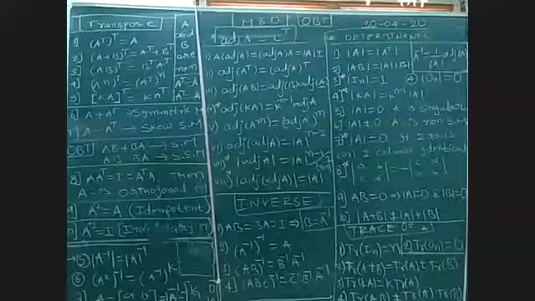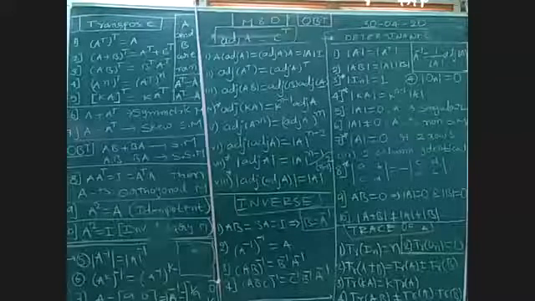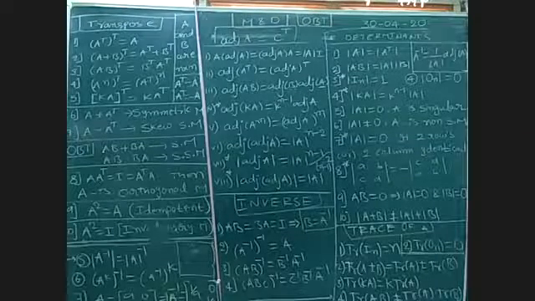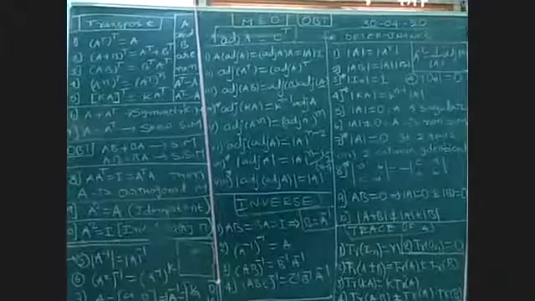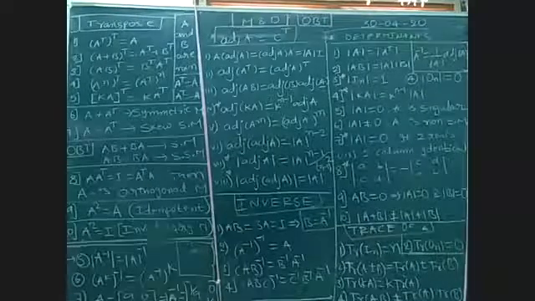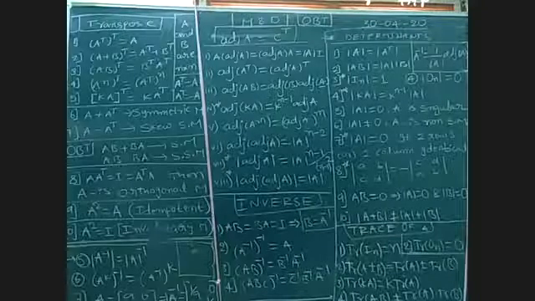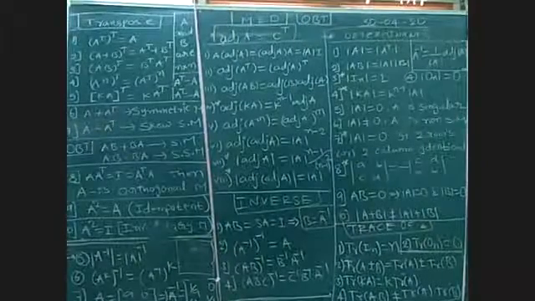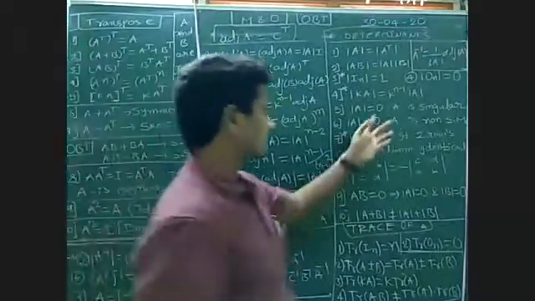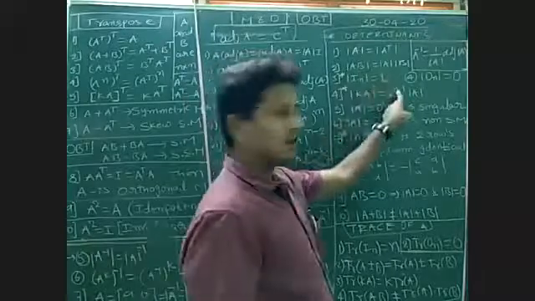And see, this is important. Determinant of K A can be written as, what is the determinant of K A? K power n minus 1 times det A, because the given matrix is of order n.